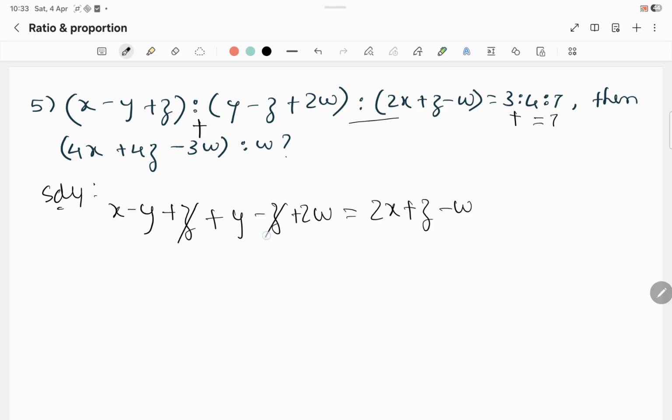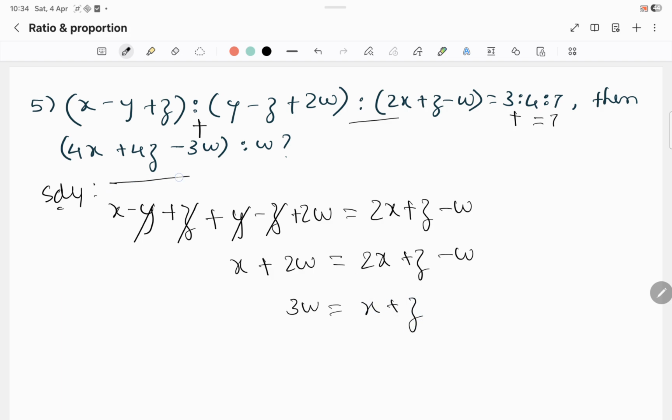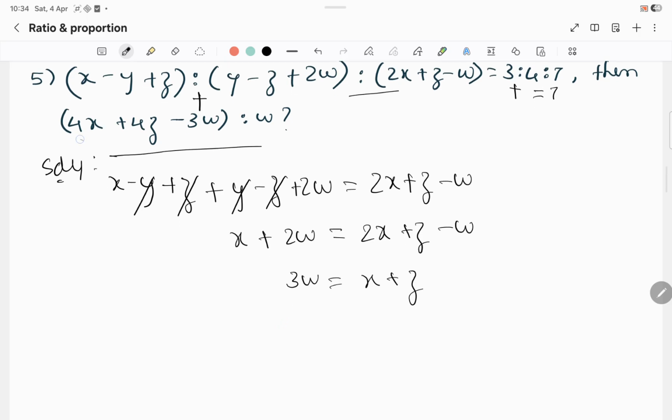In this, z and z, y and y get cancelled. x plus 2w is equal to 2x plus z minus w. Bring w to one side, 3w, and transpose x to the right hand side: 2x minus x, x plus z. Okay. So they are asking now the question, 4 common.